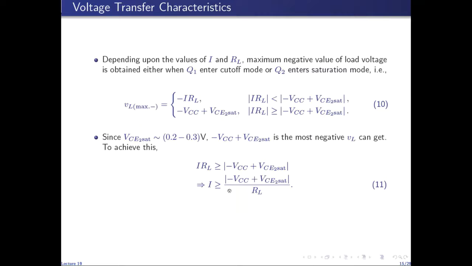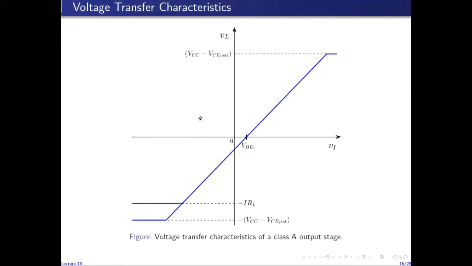So ignoring VCE2 sat, we set capital I equal to the magnitude of minus VCC divided by RL, which is equal to VCC over RL. So when I is equal to VCC over RL, the maximum value of the load voltage in the negative direction is equal to minus VCC. So VL swings from VCC to minus VCC.